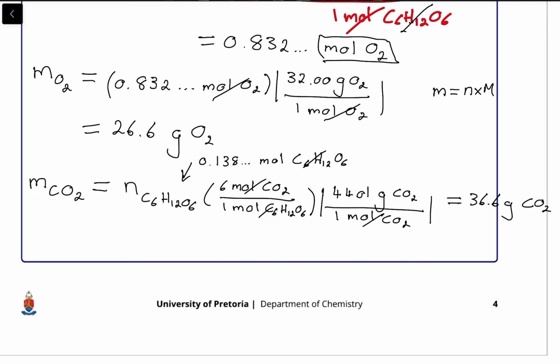All right. Now you can do the same for the mass of H2O. The mass of H2O can be a similar expression to this. But what's a nice thing that you can use here? You can use mass conservation.